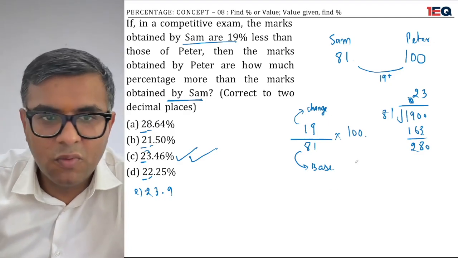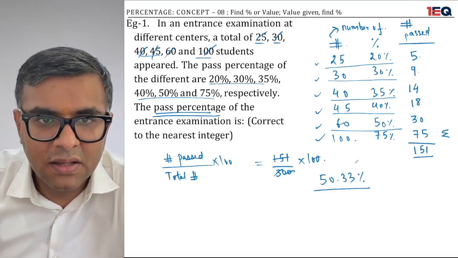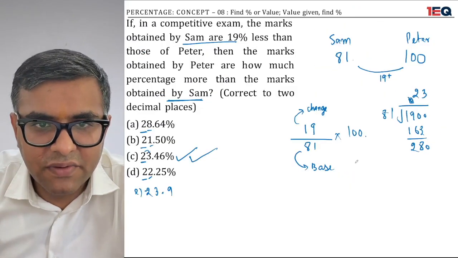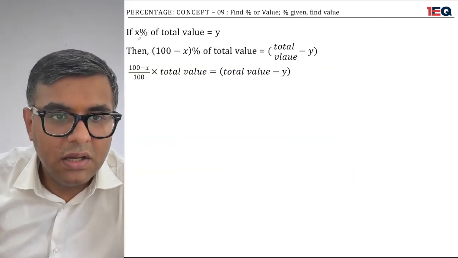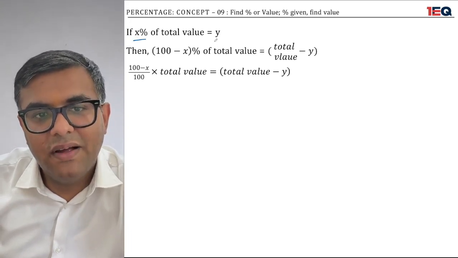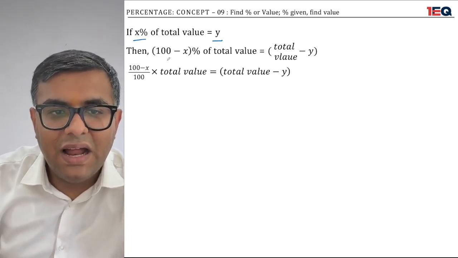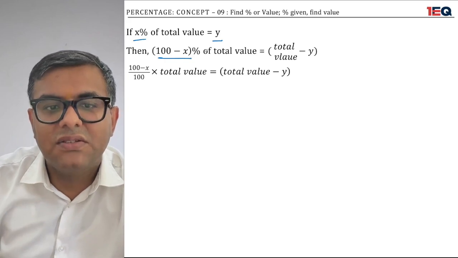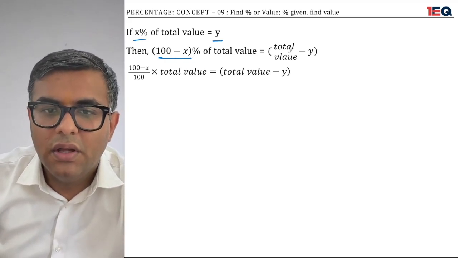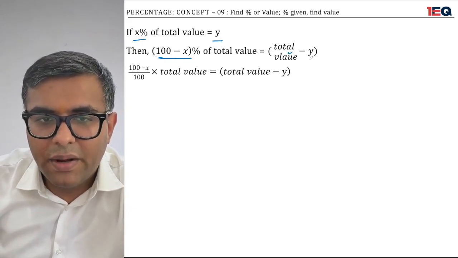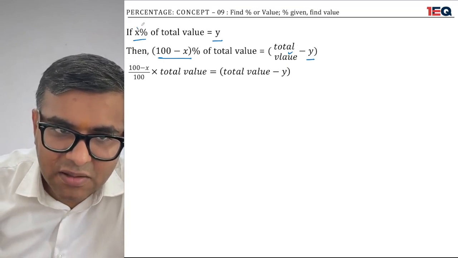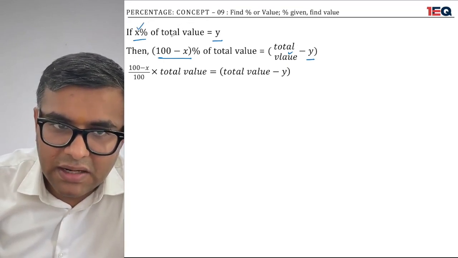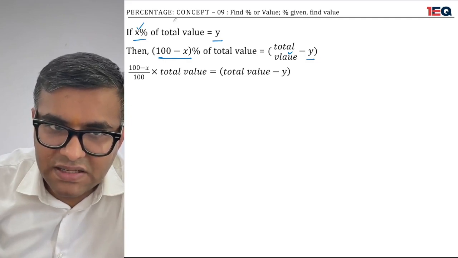Okay, so moving on to the next concept, I'm taking concept 9 as well in this video if time permits. Yes, it does permit. If x% of total value is equal to y, then (100 minus x)% of total value is equal to total value minus y. You see, x is in a percentage mode over here, and there is a total value which is in a different unit.